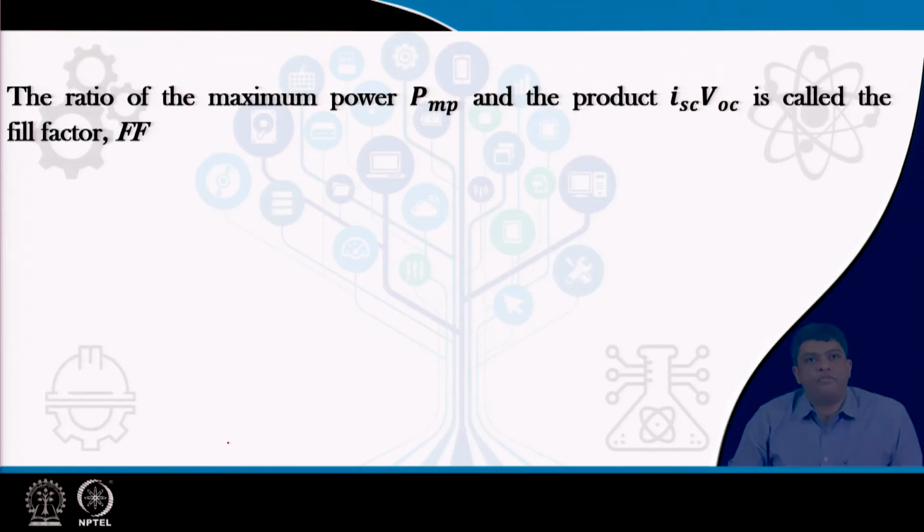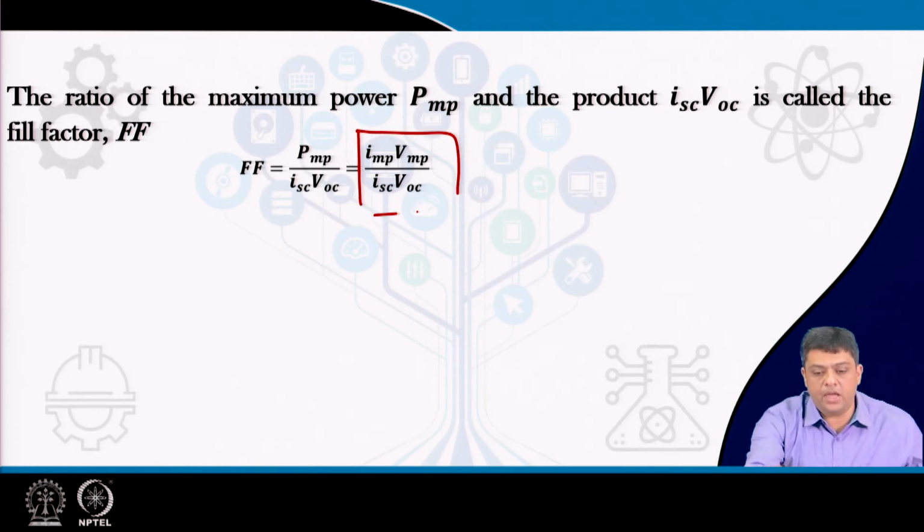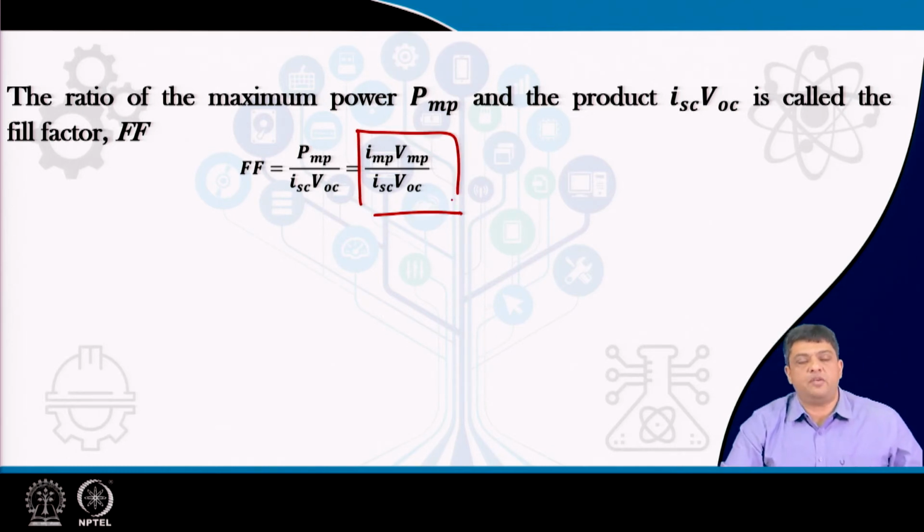So, the ratio of the maximum power PMP and the product ISC and VOC is called the fill factor, and it is given as PMP by ISC into VOC and denoted by FF. This is equal to IMP into VMP divided by ISC into VOC.